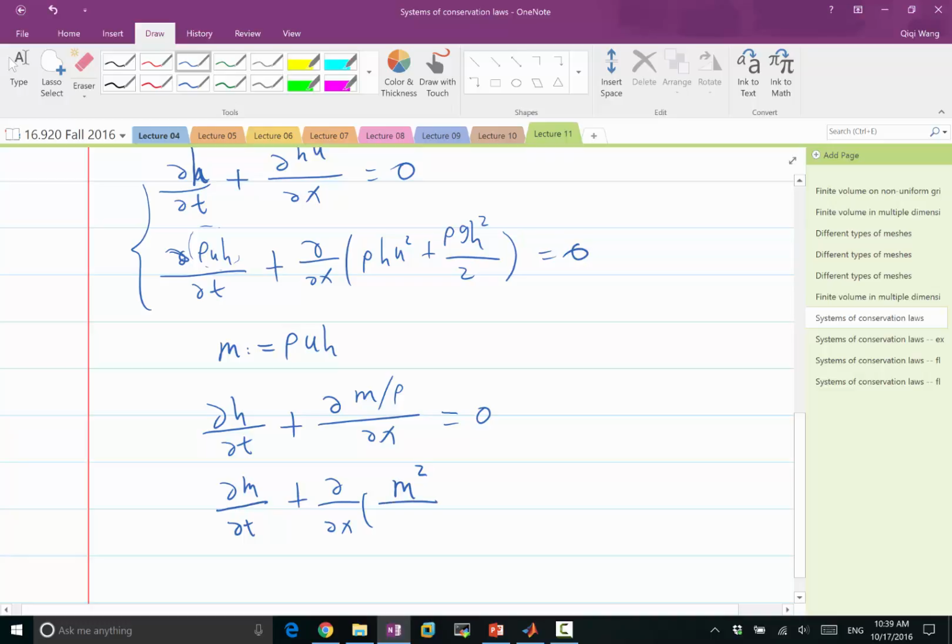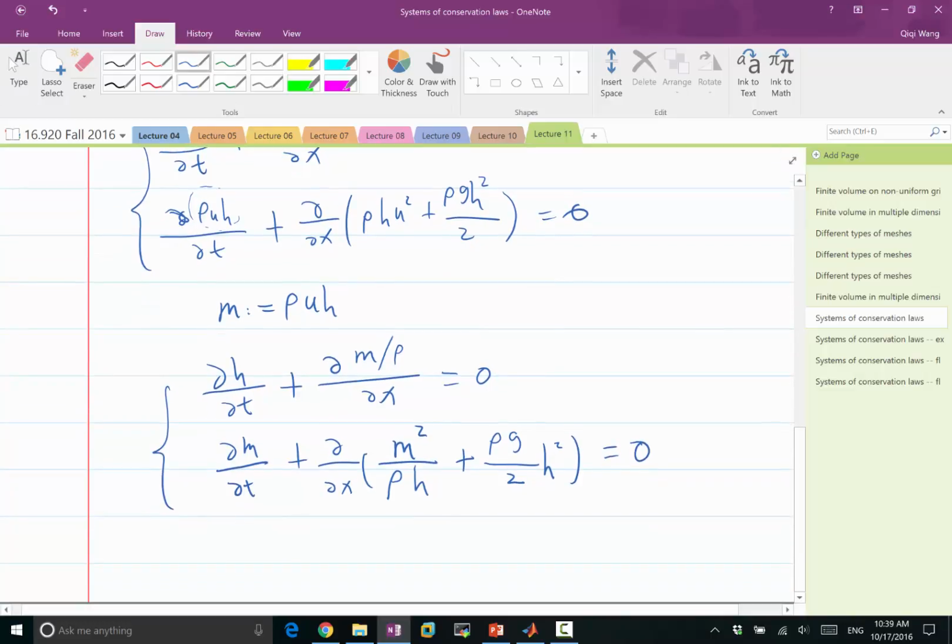So to get this rho h u squared, we need to divide by rho and divide by h. The second term can be just written as half of rho g times h squared, and the equation is equal to 0. Now both equations are written in terms of either constants like rho and g, and these two conservative quantities h and m.